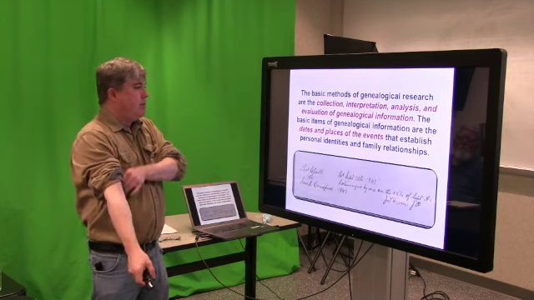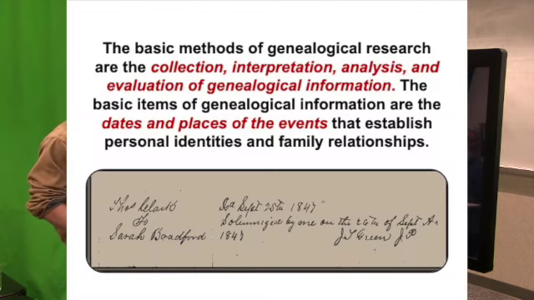So the basic methods of genealogical research are the collection, interpretation, analysis, and evaluation of genealogy information, which may sound really technical, but it's not. The basic items of genealogical information are the dates and places of the events that establish personal identities and family relationships.